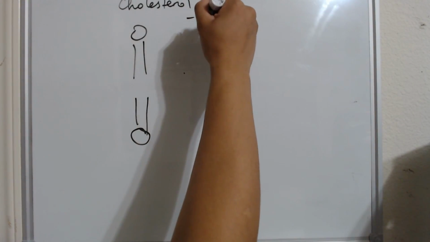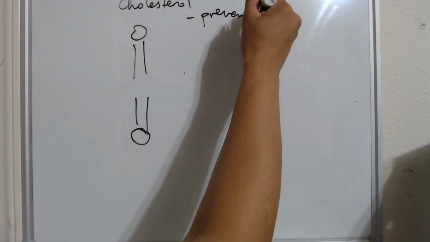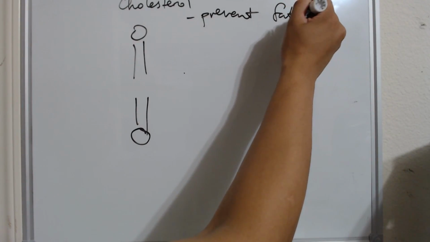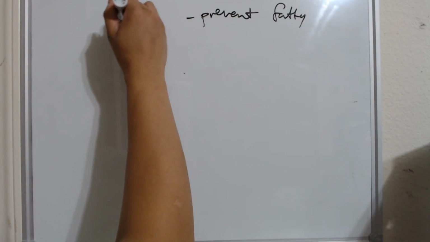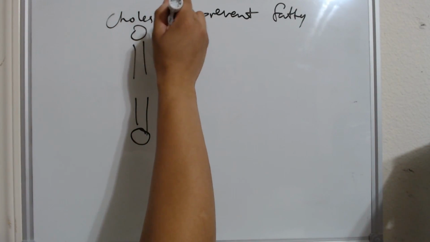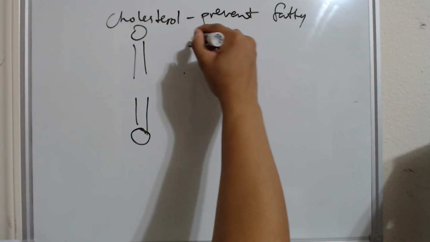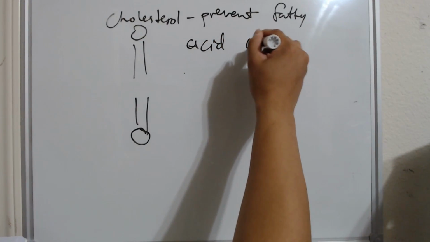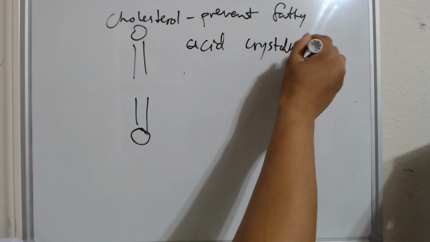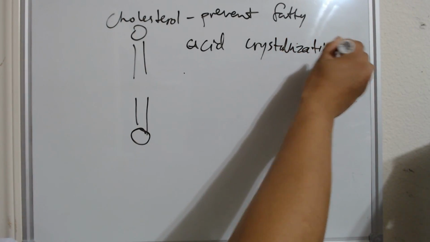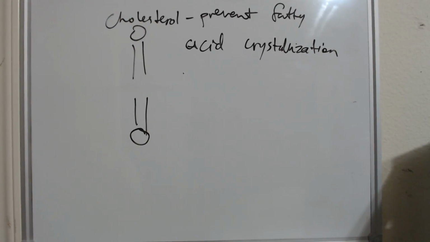So cholesterol prevents fatty acid crystallization. So cholesterol is somewhat important, but you don't want too much of it. And what happens when fatty acids crystallize, it'll make it more stiff. Not good.